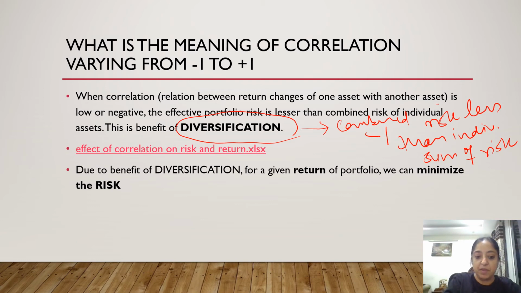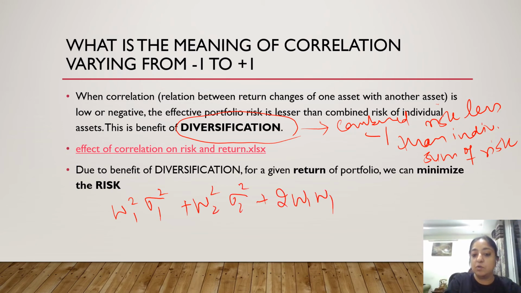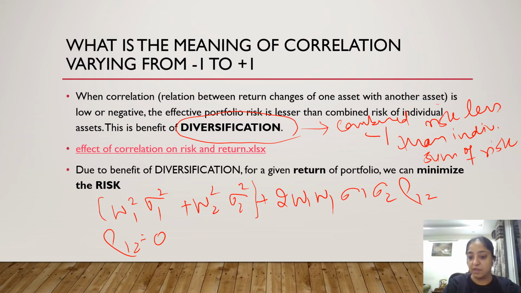How does this come? So when I say W1 square sigma 1 square plus W2 square sigma 2 square plus 2 W1 W2 sigma 1 sigma 2 and correlation between 1 and 2. If I say, let's take three values. If I say 0, correlation is 0. Okay. If it is 0, I have only these two values. So that means my risk is only the sum of these two values. No additional risk.